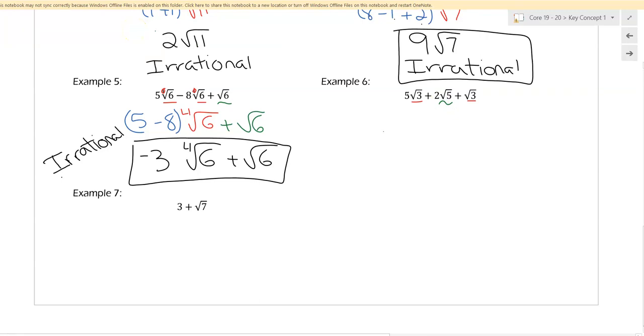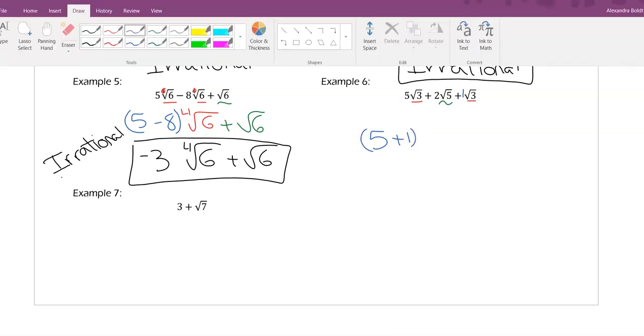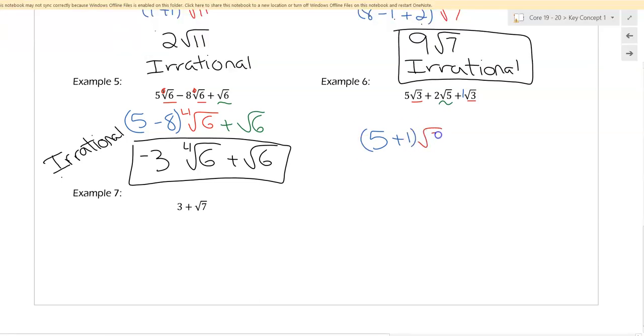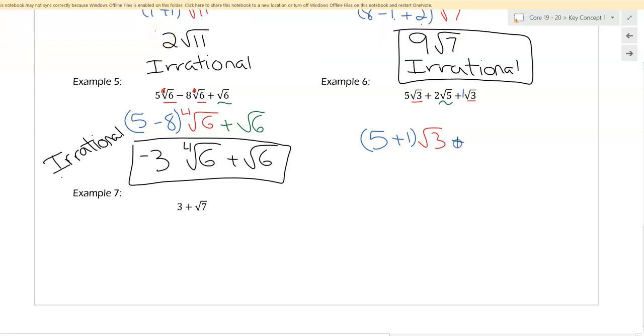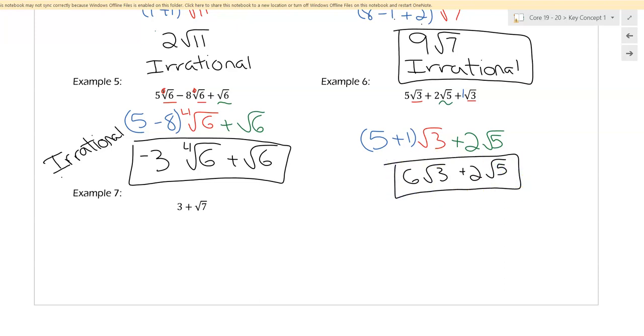So I'm only going to combine 5 plus 1, plus 2 square root 5. 5 plus 1 is 6 square root 3 plus 2 square root 5. And same thing, this answer is irrational.